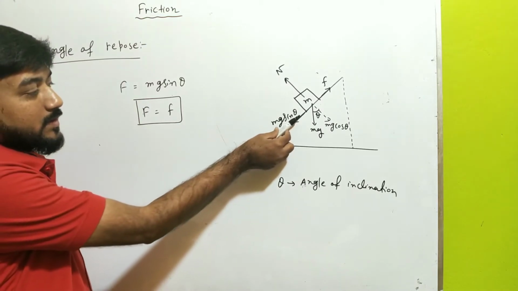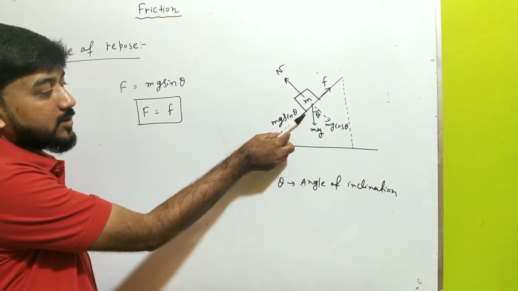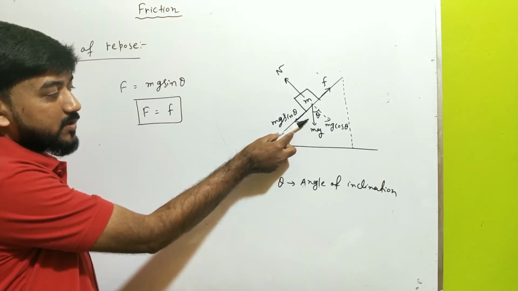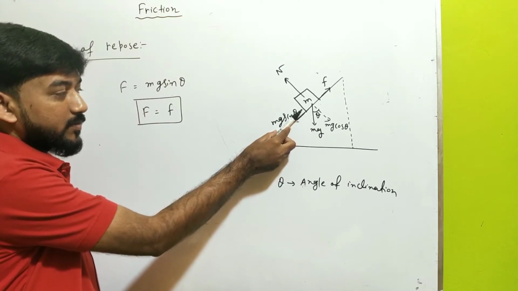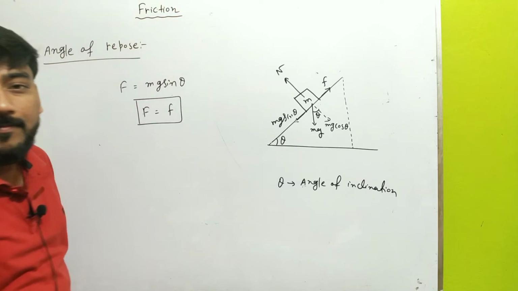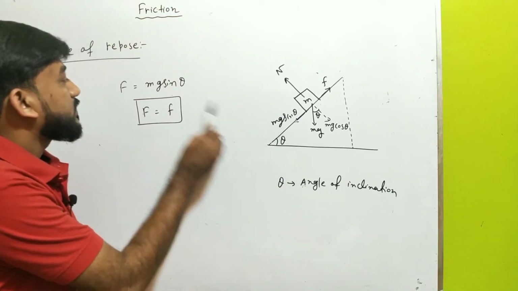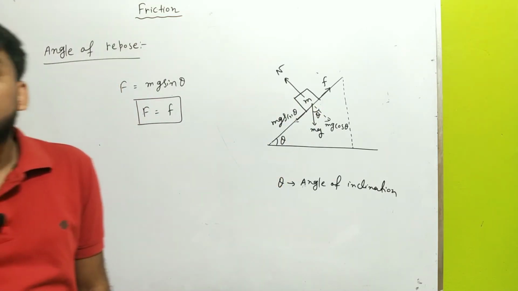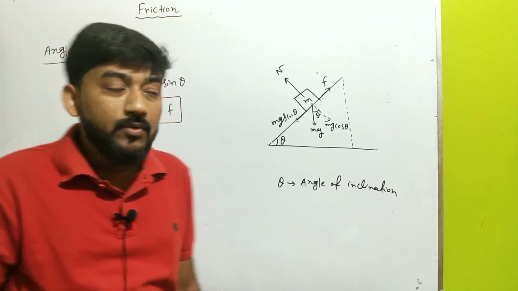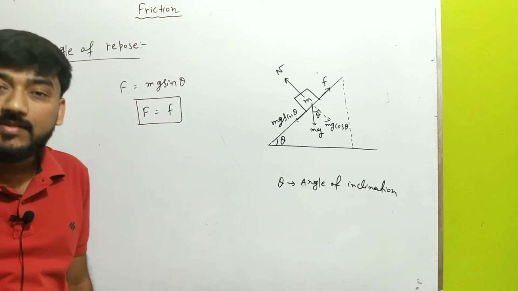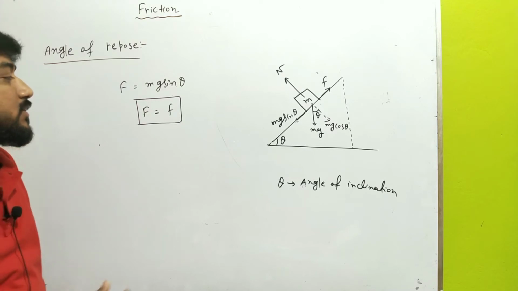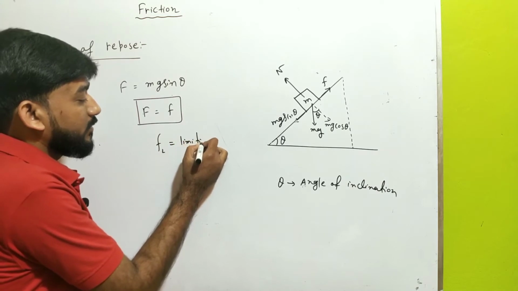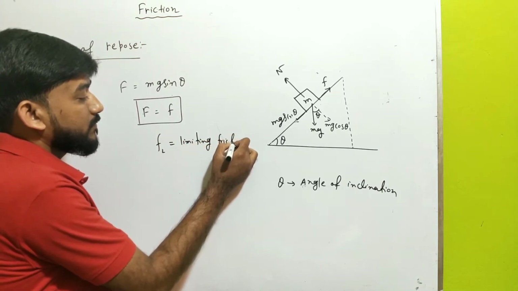So if you increase the inclination of this plane from this position to this position, and again from this position to this position, then theta will increase, mg sin theta will increase, and it means the frictional force will also increase to adjust to the applied force. But you know there is a limit to how much this frictional force can adjust itself, and that limit is called the limiting frictional force.